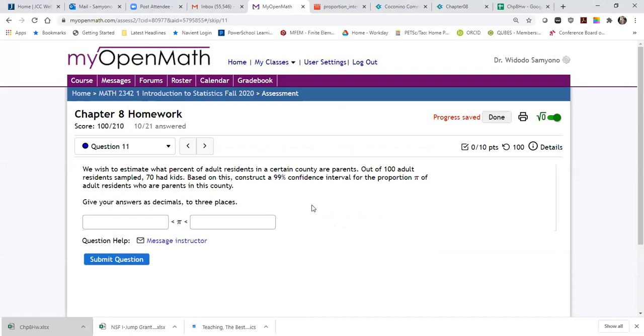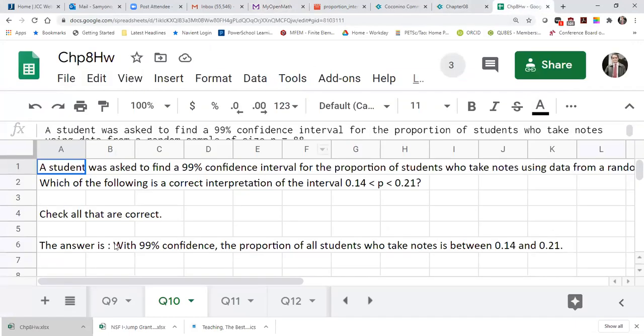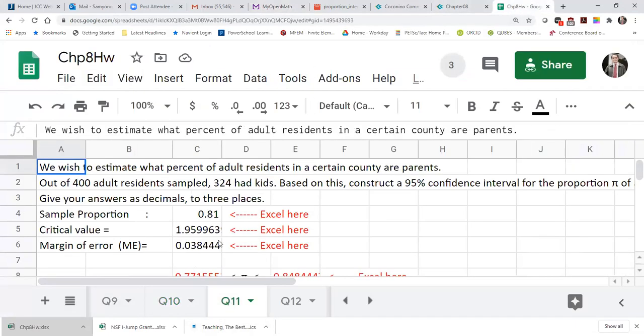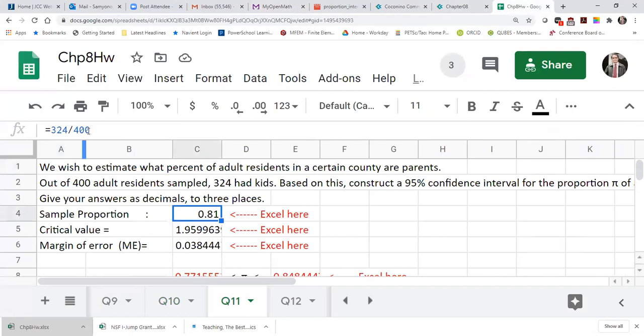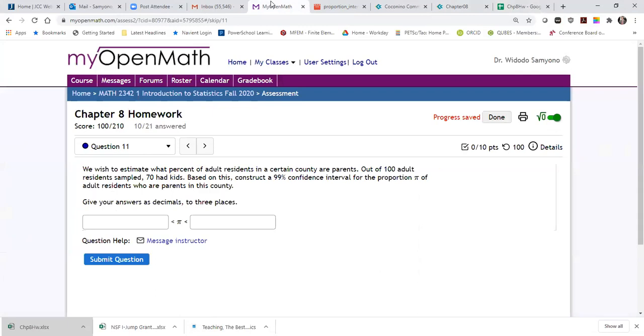Okay, so you're looking for the sample proportion. In this case, it's 70 over 100. And the confidence level that you have here is 99%, right?